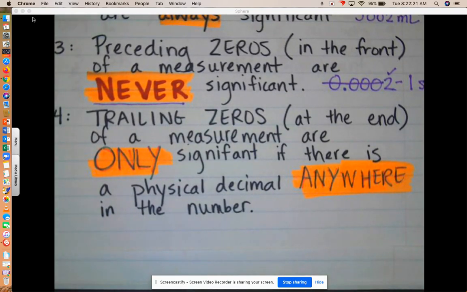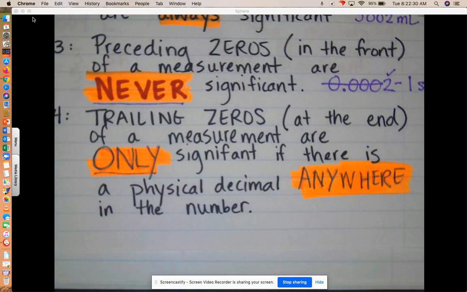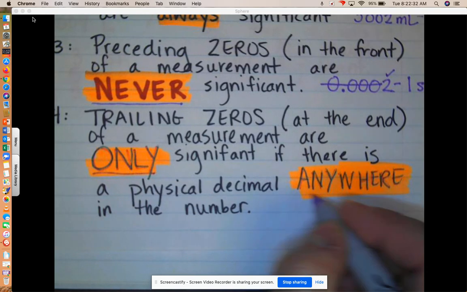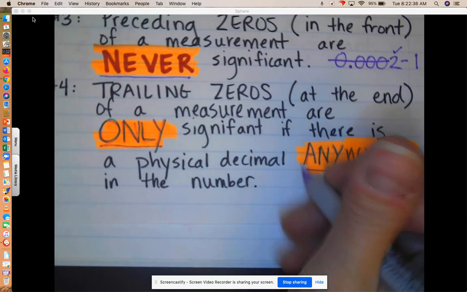My trailing zeros. Trailing zeros are at the end of a number. And they are only significant if there is a physical decimal anywhere in the number. So the examples you might have seen on your Edpuzzle look like this.